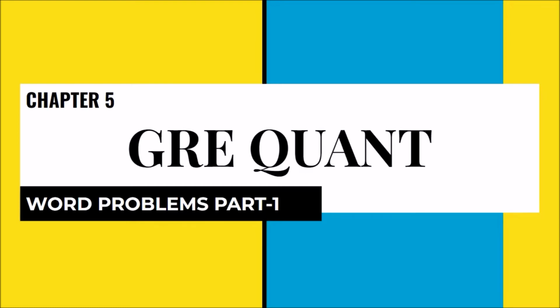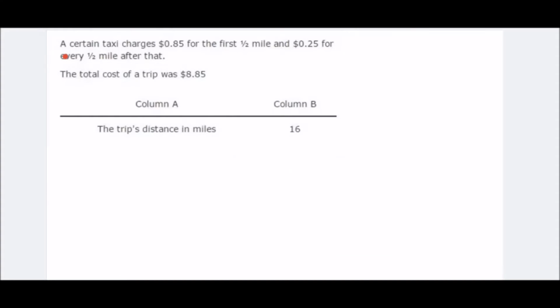Now here is our first question. A certain taxi charges $0.85 for the first half mile and $0.25 for every half mile after that. So see here, for the first half mile it charges $0.85, right?